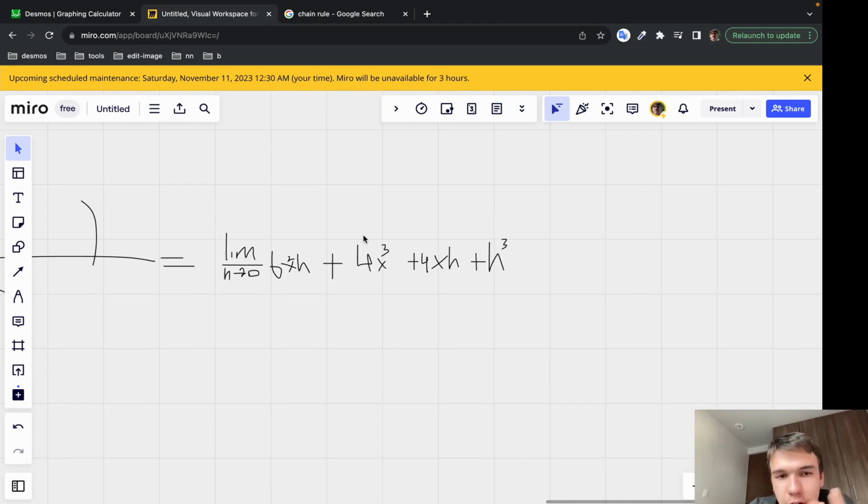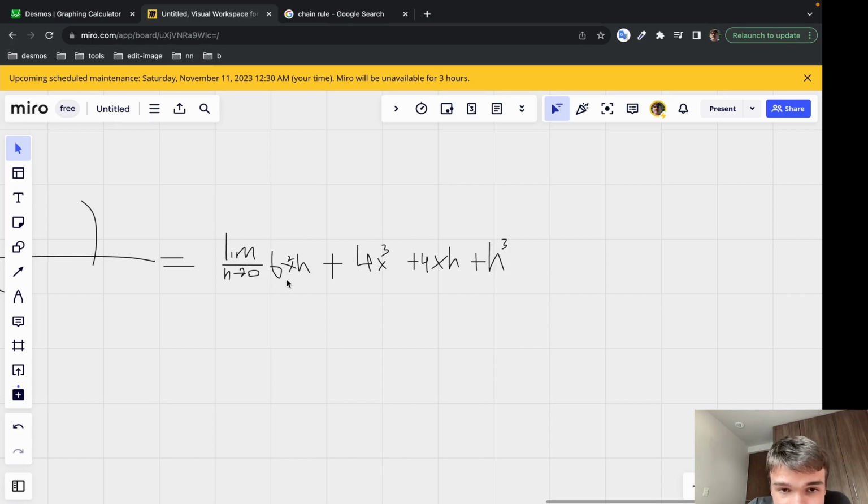And again, what is the condition? The condition is h approaches 0. It basically means that 6x squared multiplied by h is simplified as 6x squared multiplied by 0. And what will it result in? Any number multiplied by 0 is going to result in 0. So now we are multiplying 6 by 0 and x squared by 0.